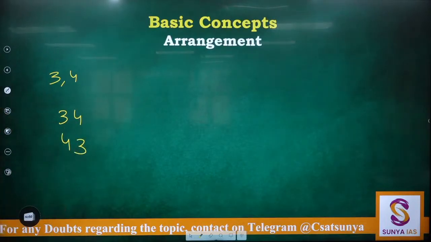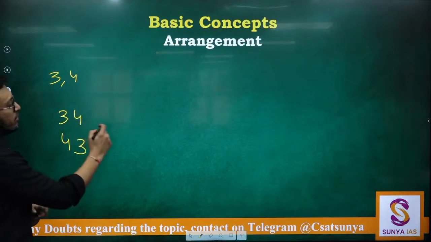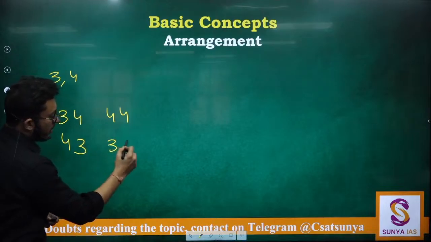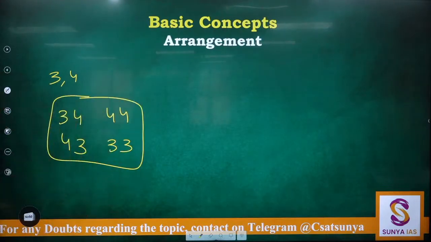But did I say anything that we cannot repeat? If I'm not giving you the condition, why are you applying it directly? So if it is not given in the question, you can repeat. Okay? So 3 4 and 4 4, 4 3 and 3 3. So these are the 4 numbers you can make, है ना?